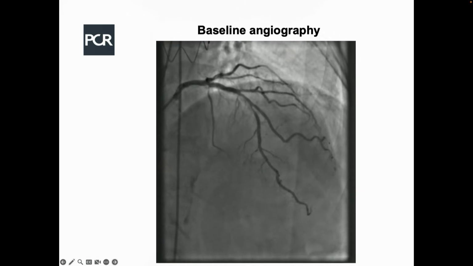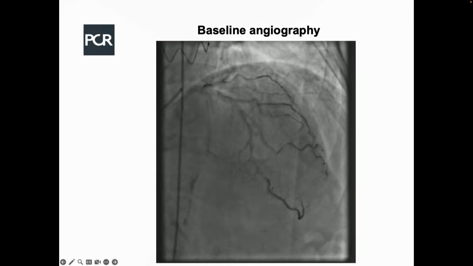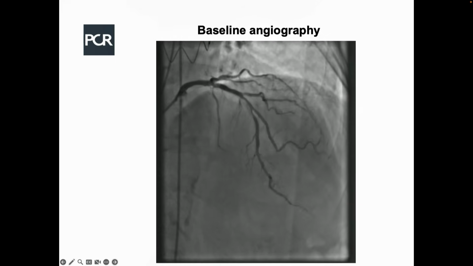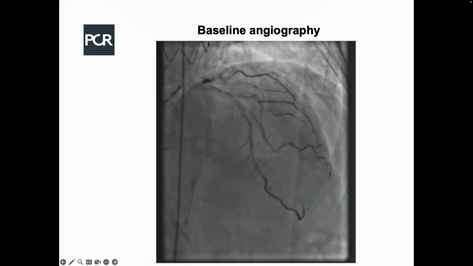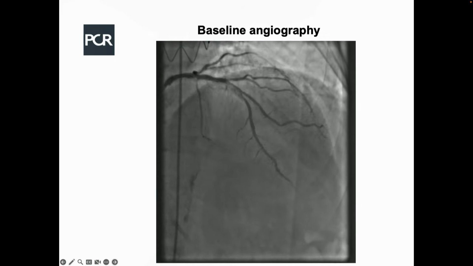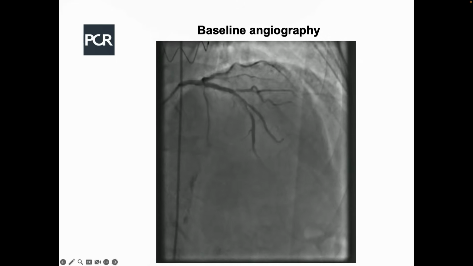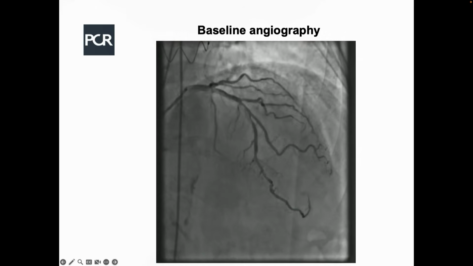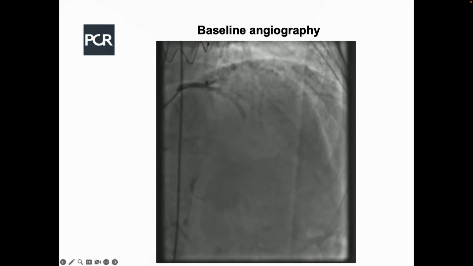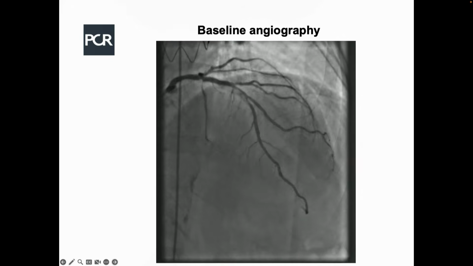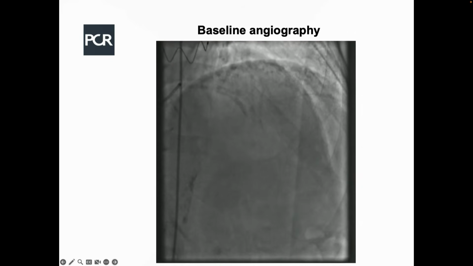It seems to involve the first diagonal, but also the second diagonal, which is quite important. What is very remarkable is the large amount of calcium, a heavily calcified lesion. And so we will tackle this lesion today with Didier and the team.